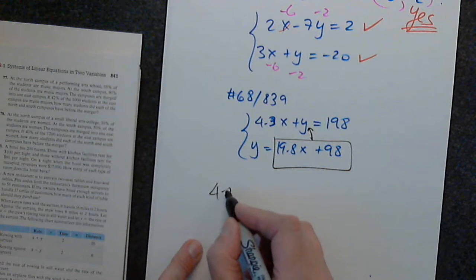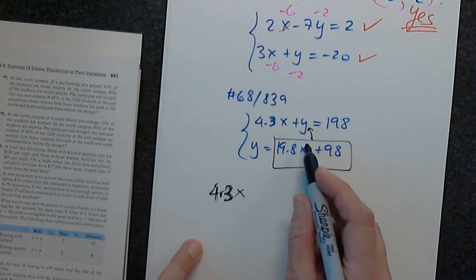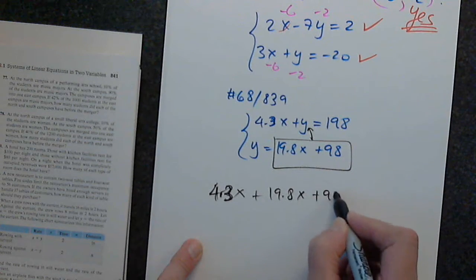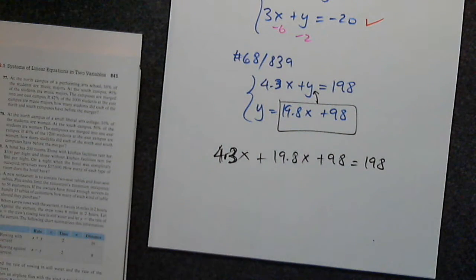So then 4.3x plus 19.8x plus 98 equals 198. What is our next step towards solving for x?